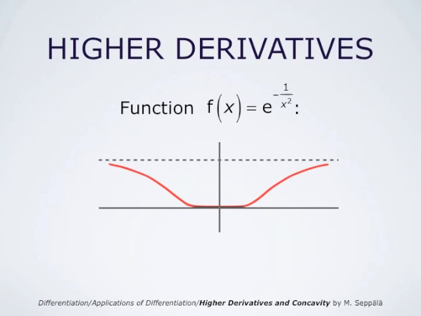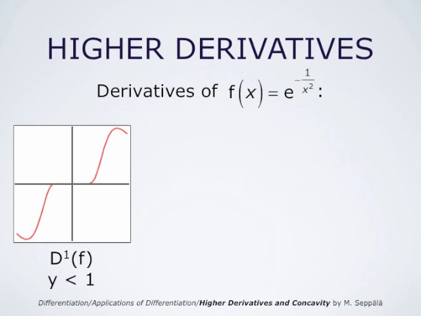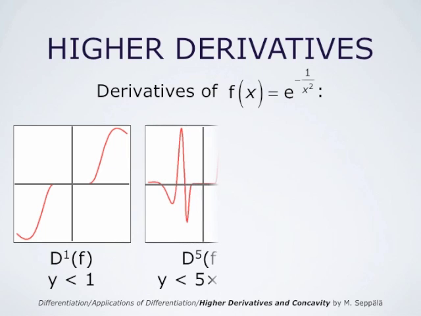Derivatives of this particularly nice-looking, innocent function are quite complicated. This is the graph of the first derivative of f, and here y ranges from -1 to 1. Here we have the graph of the fifth derivative. This already looks pretty wild, and y ranges from -5,000 to 5,000.